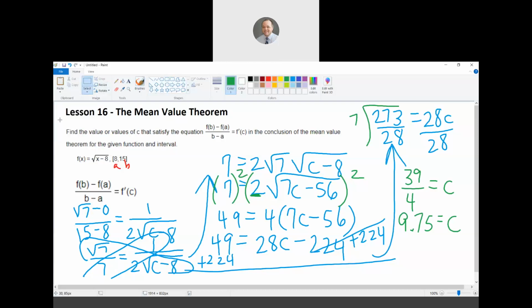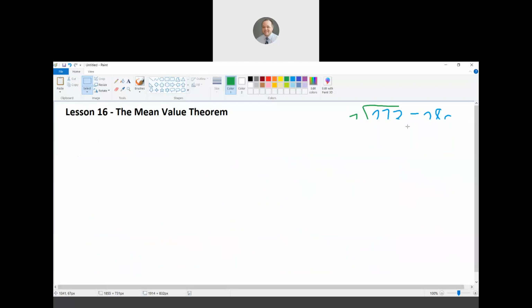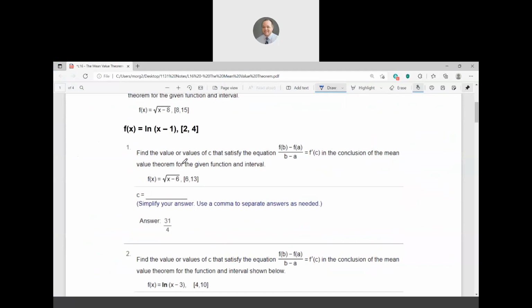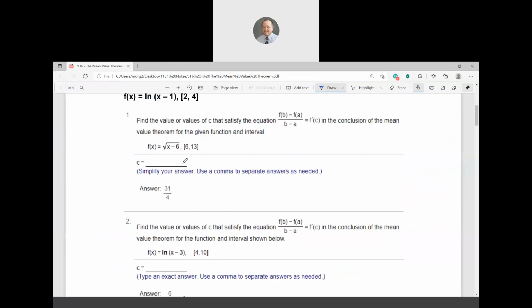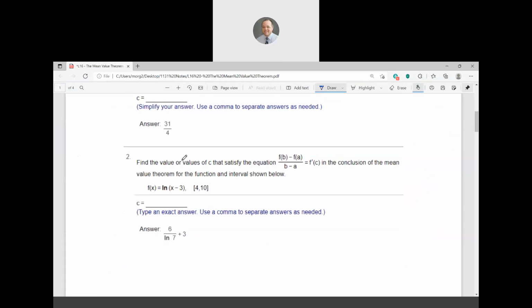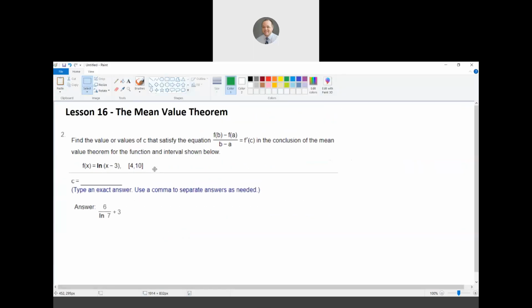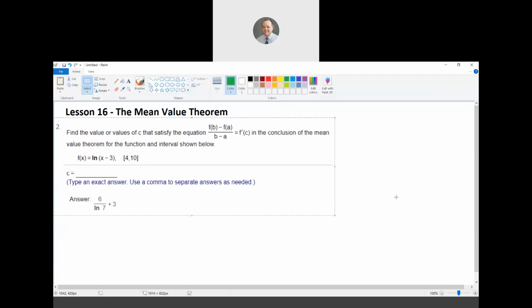All right, let's look at another problem. The next one involves a natural log. Same directions.